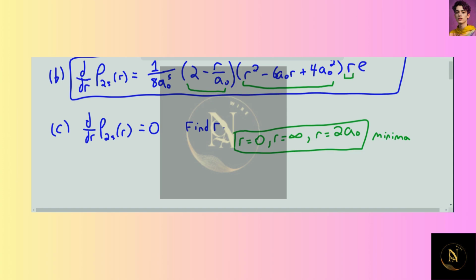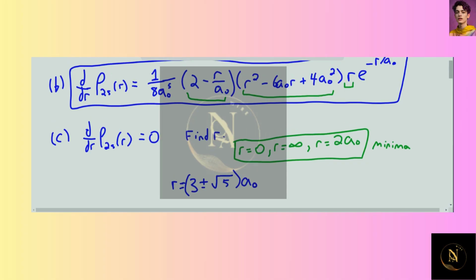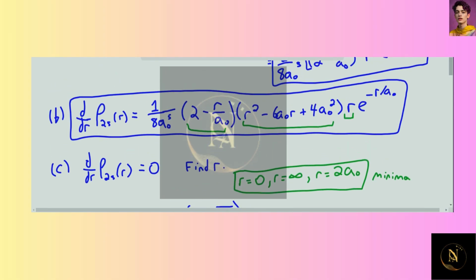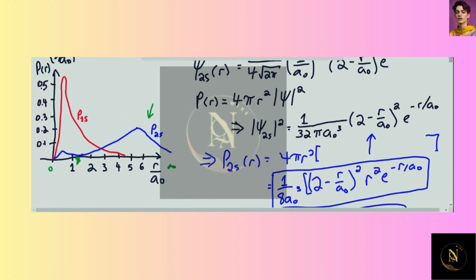And then if you do the quadratic formula on this middle term, you would find that r is going to equal 3 plus or minus square root of 5 times a naught. These are the other two roots. So that is about 1.2 a naught.